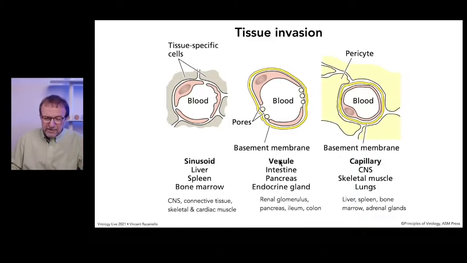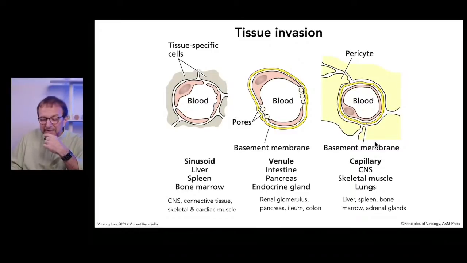Now, in the other tissues, kidney, pancreas, ileum, colon, we have a better situation. We have a basement membrane, first of all, which is good, prevent virus from just going in willy-nilly. And the endothelial cells are joined, but there are pores. So not impossible to get across, but a little higher barrier than the liver.